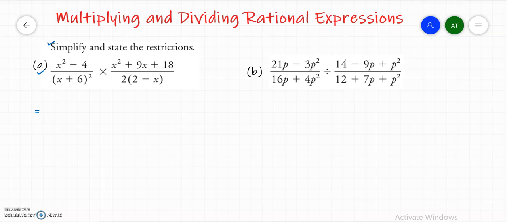So we have x square minus 4. I can write it as x square, and 4 is basically the square of 2, so x square minus 2 square. Here I can use the formula a square minus b square equals a plus b into a minus b, right?